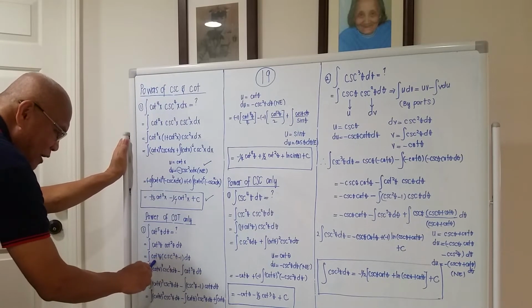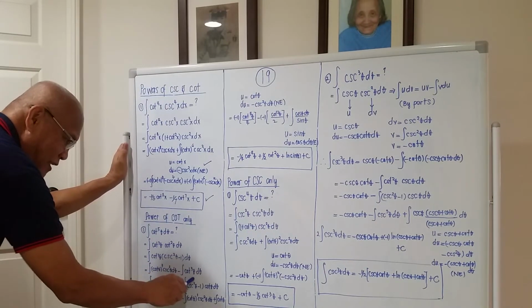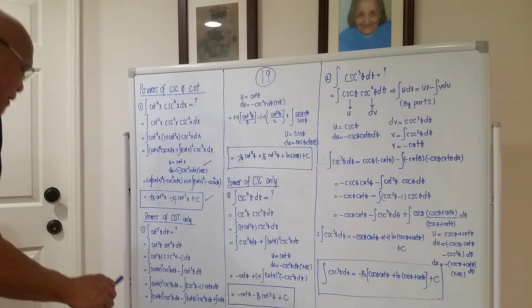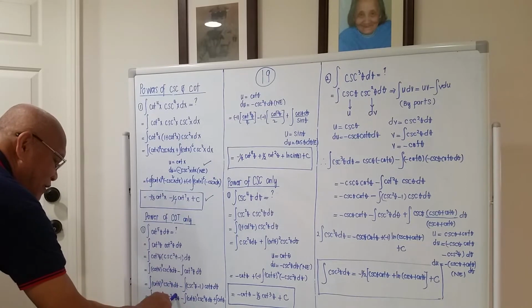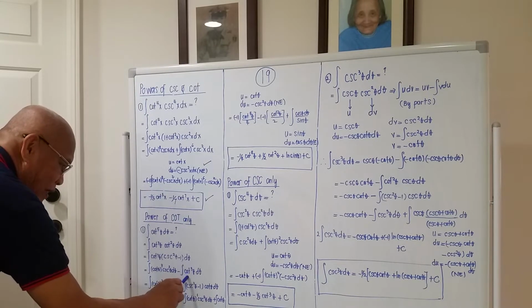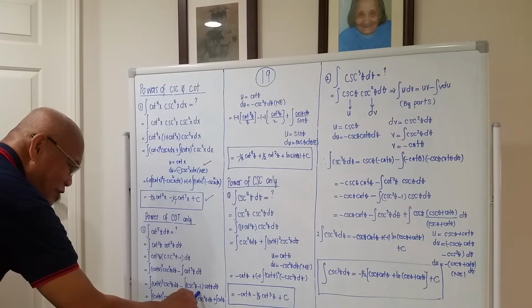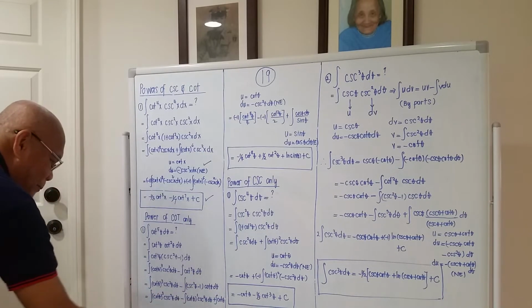Minus 1 times cotangent cube is negative the integral of cotangent cube of theta differential theta. I will rewrite the first one minus the integral. I will replace the cotangent square here by cosecant square of theta minus 1, that's cotangent square of theta times cotangent of theta differential theta.